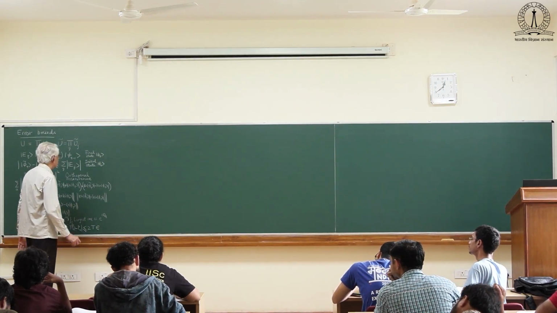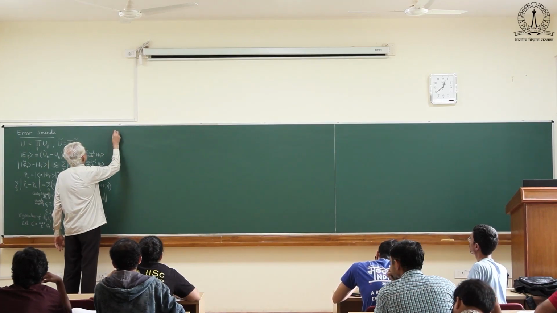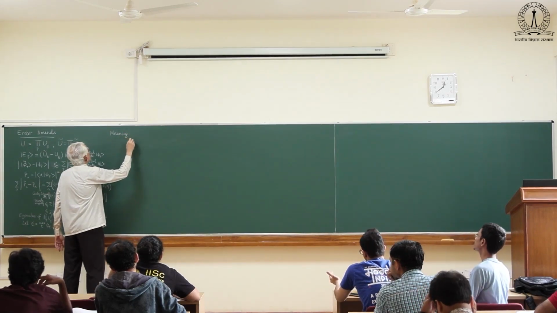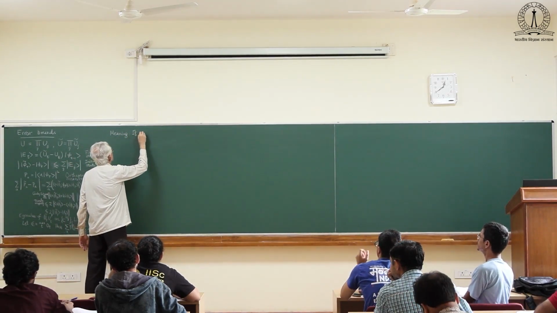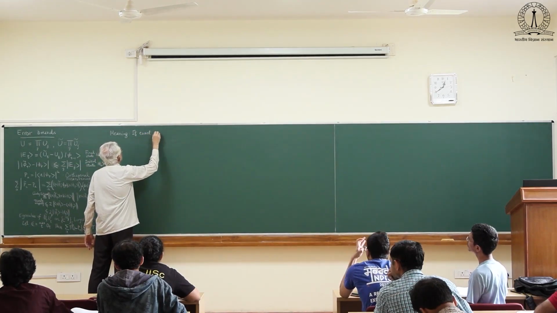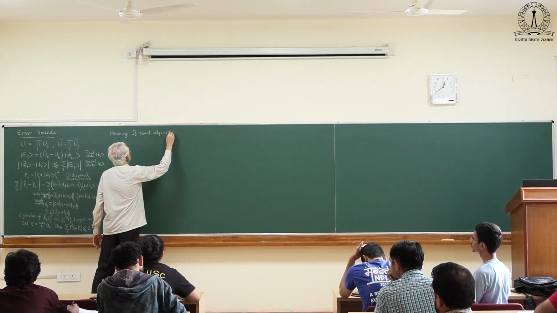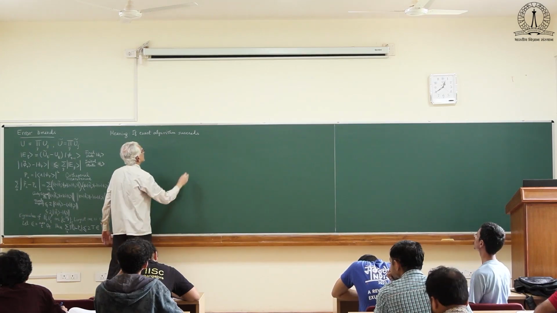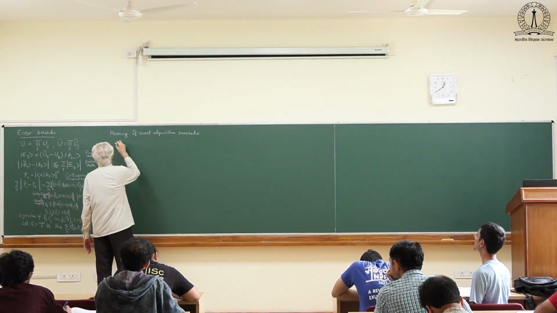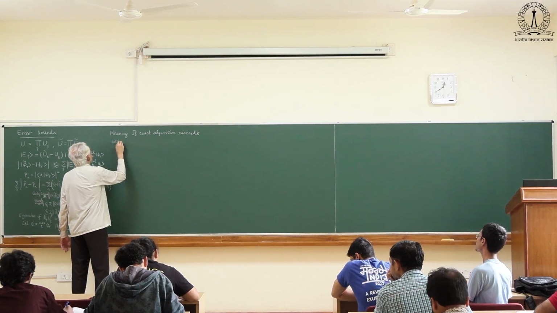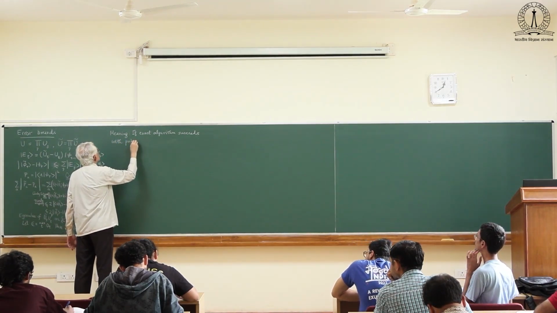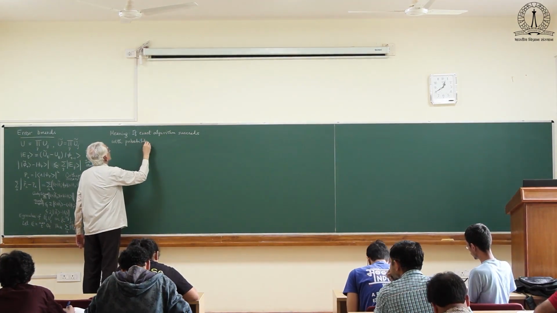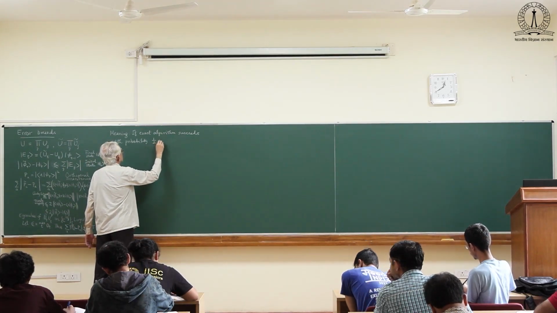And what does it mean? Well, I can write it down explicitly that if the exact algorithm succeeds with probability 1/2 plus delta.